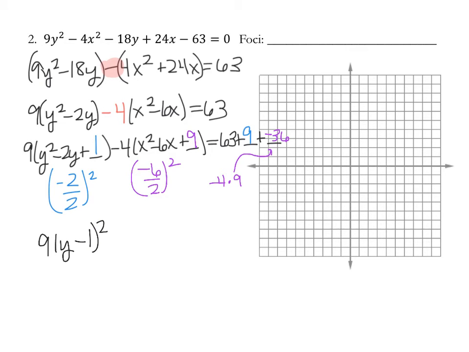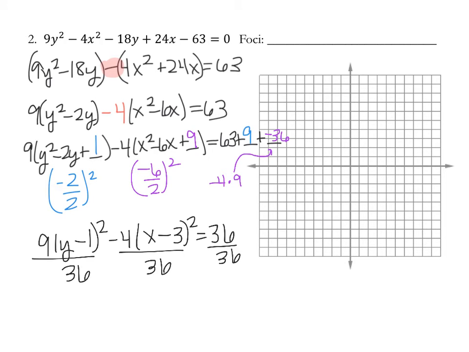And then it's going to be -4 times x minus 3 squared, the square root of 9 is 3, equal to, that side's going to turn into 36. And then I divide everything by 36. I get y minus 1 squared over 4 minus x minus 3 squared over 9 equal to 1.